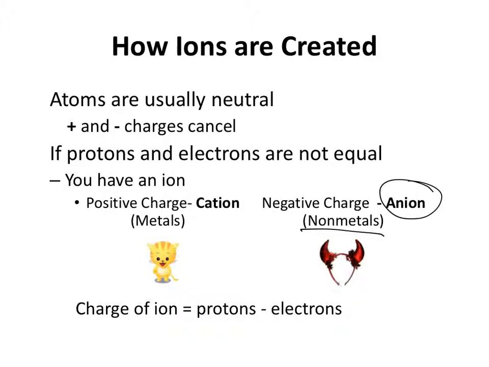Think of it as evil or bad, the anti-anion. Maybe that'll help you remember that it's negative. If you ever need to find the charge of an atom, just take the number of protons and subtract the number of electrons, and that gives you your overall ionic charge.